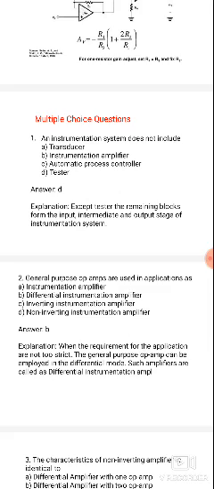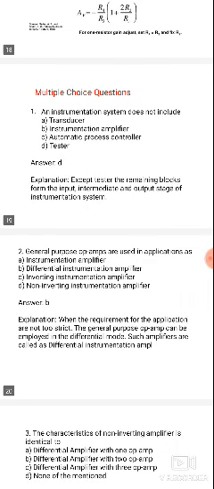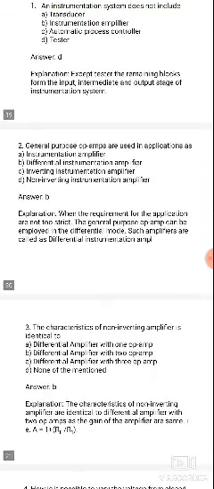Next, a general purpose op-amp can work as a differential instrumentation amplifier. The differential instrumentation amplifier is used when the requirement is not too strict, and it can be employed in differential mode only. Next, the non-inverting characteristic: it contains two inputs.